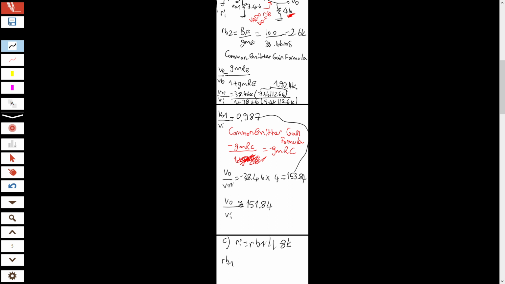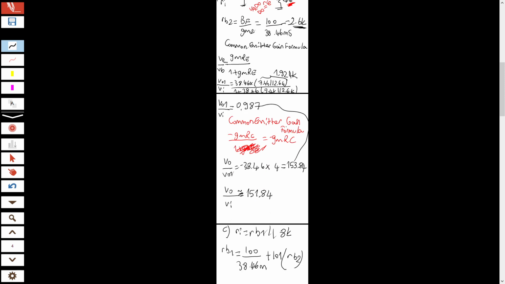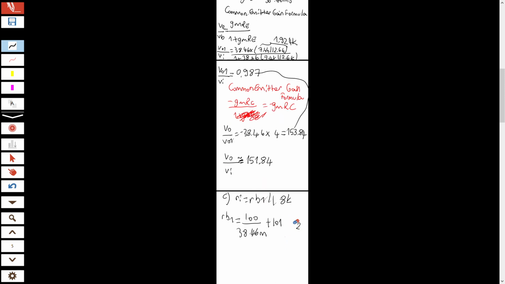So what is Rπ1? Rπ1 is beta over gm, which is 38.46 millisiemens, plus beta plus 1 times Rπ2. We have calculated Rπ2. I mean Rπ2 parallel 7.4K. We also found this value.